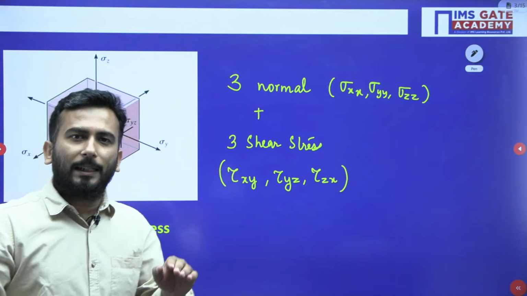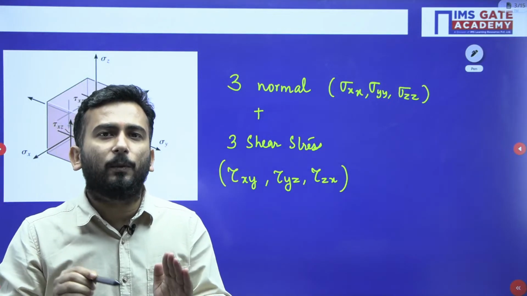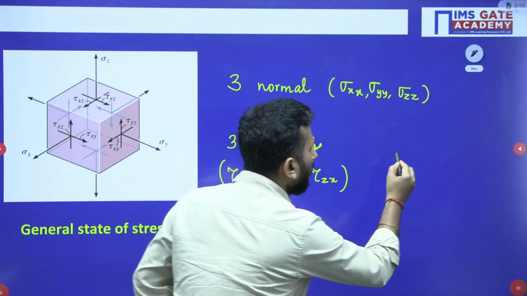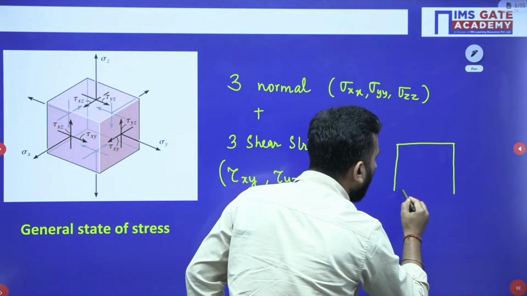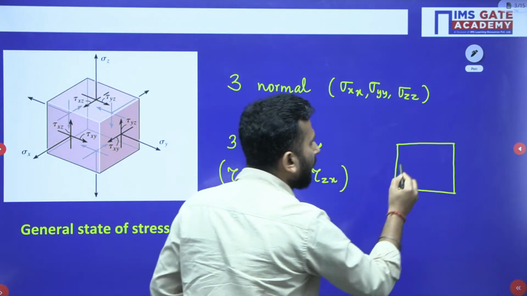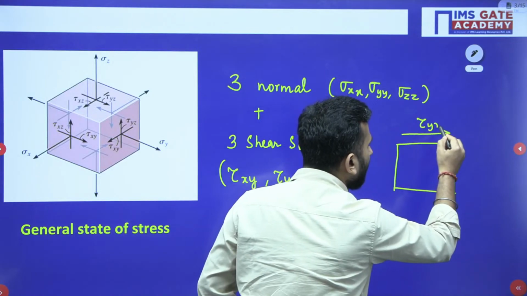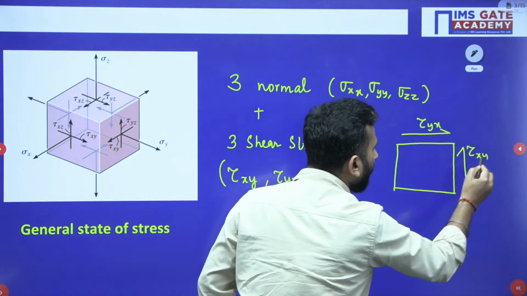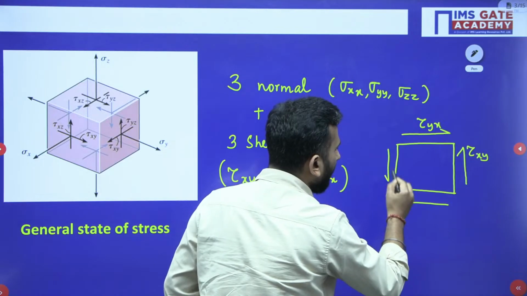And the previous day, I also talked about shear stress equilibrium. So what was shear stress equilibrium? Quickly I am showing you, suppose this is the 2D state of stress that we are talking about. So this is tau yx, this is tau xy, something like this.